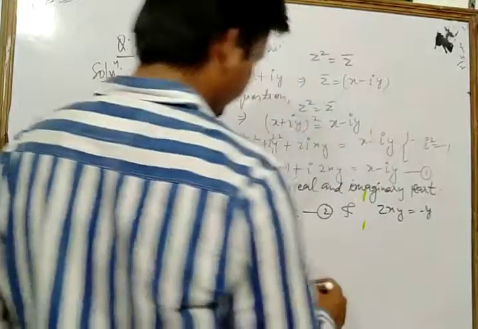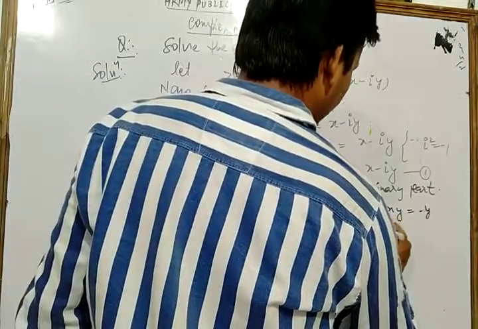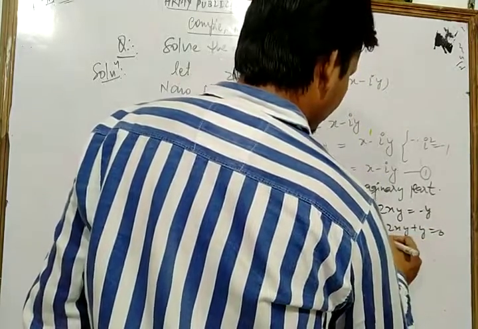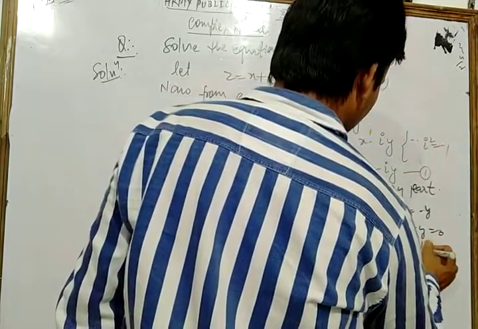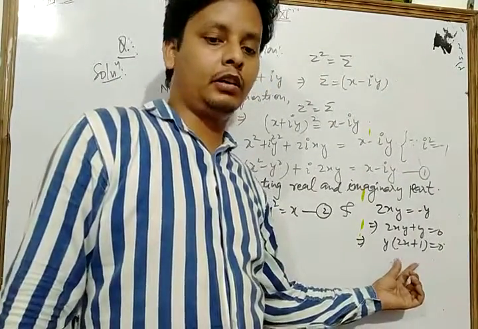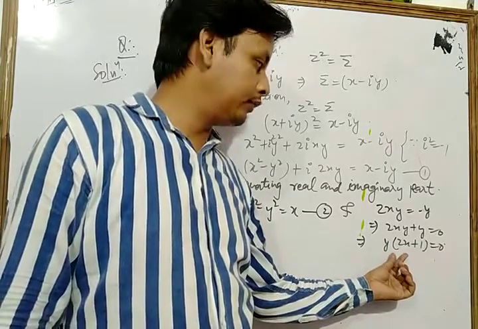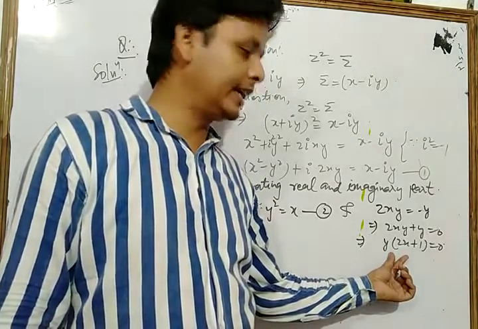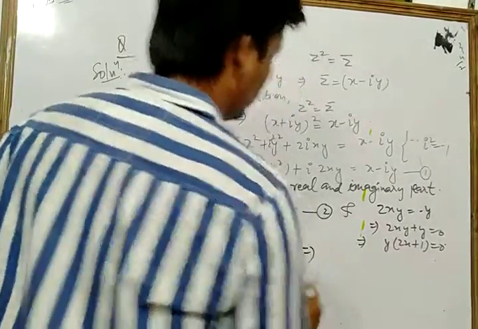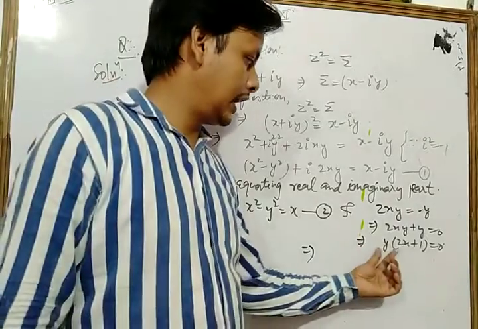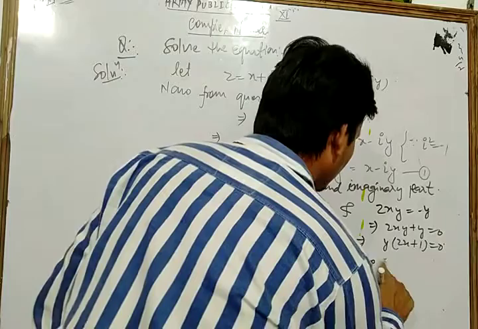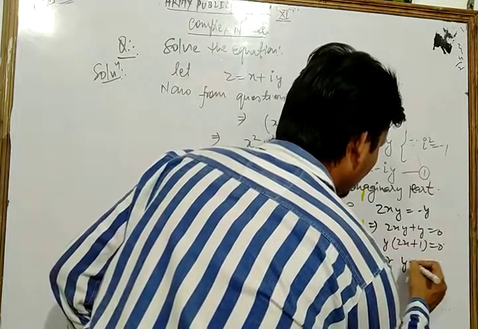Now we have 2xy plus y is equal to 0. Taking y as common, we get y into (2x plus 1) is equal to 0. So we have 2x plus 1 is equal to 0 or y is equal to 0.